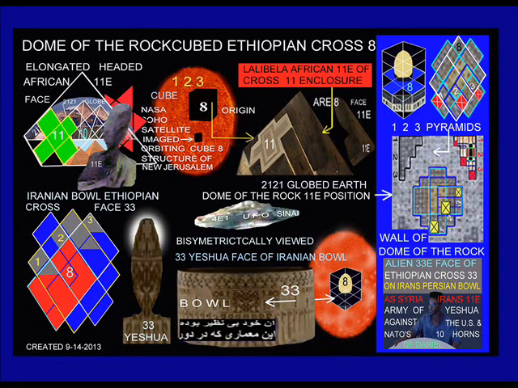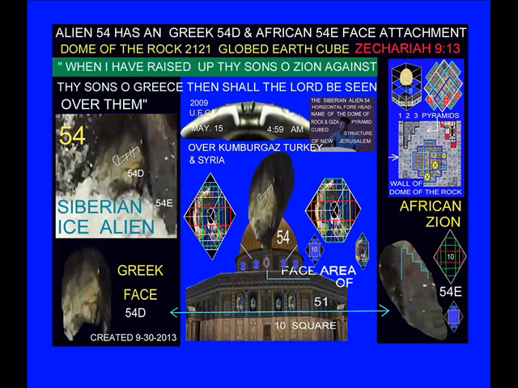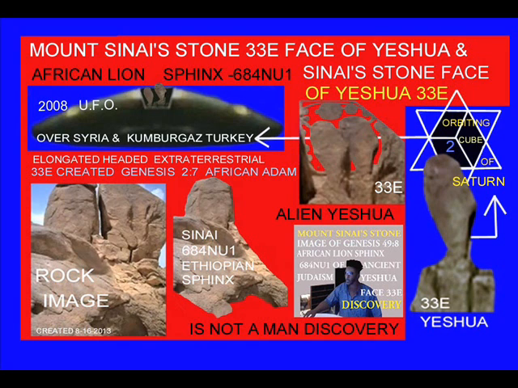If you stand in the center of an Ethiopian cross that you have drawn on the ground, look towards the north and east, you're going to see a triangle 1 on the vertical and the triangle 2 on the horizontal end of the cross. Now here's where the Dome of the Rock outer wall central square comes into play.